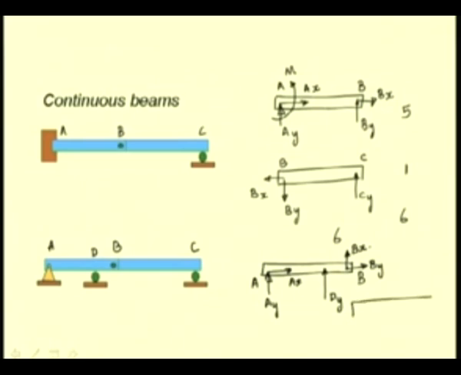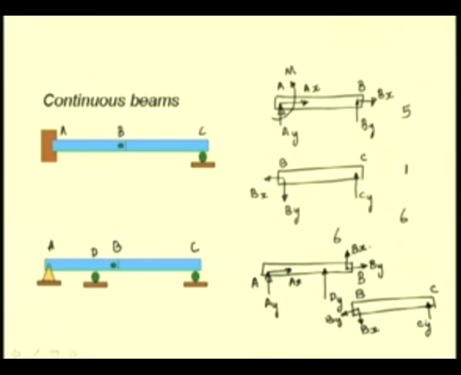For the next member, that is BC, we have these joint forces By and Bx, and at C we have the vertical component of the roller reaction.